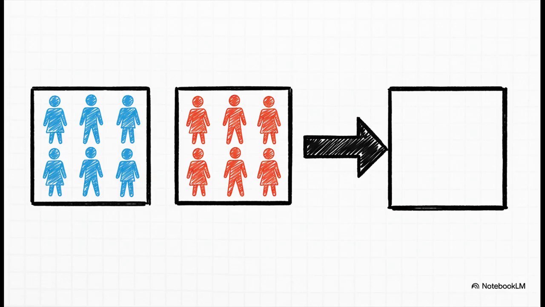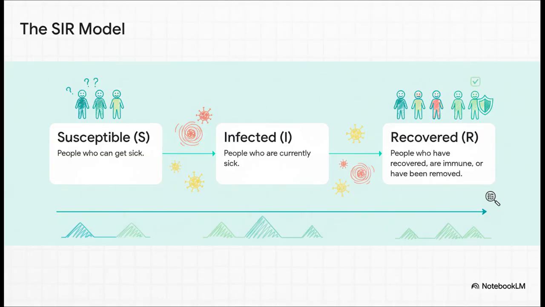This is where it starts to get really useful. And that brings us to the famous SIR model. We add an R for recovered or removed. So now people can go from susceptible to infected, and this is the key, from infected to recovered. This simple change suddenly makes the model way more powerful because it actually reflects how most diseases work.